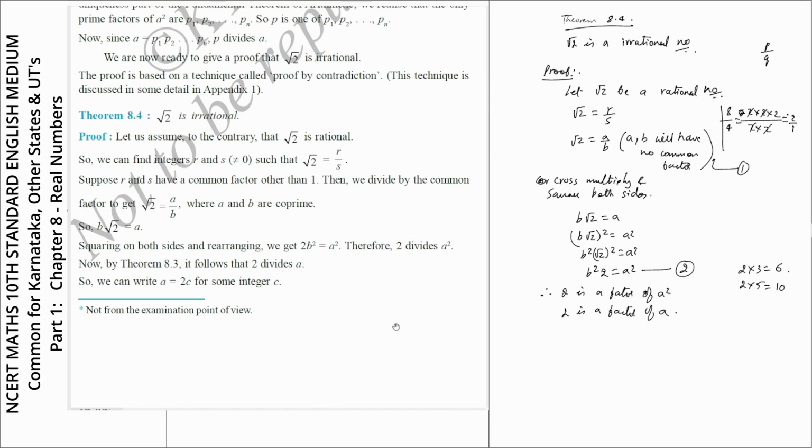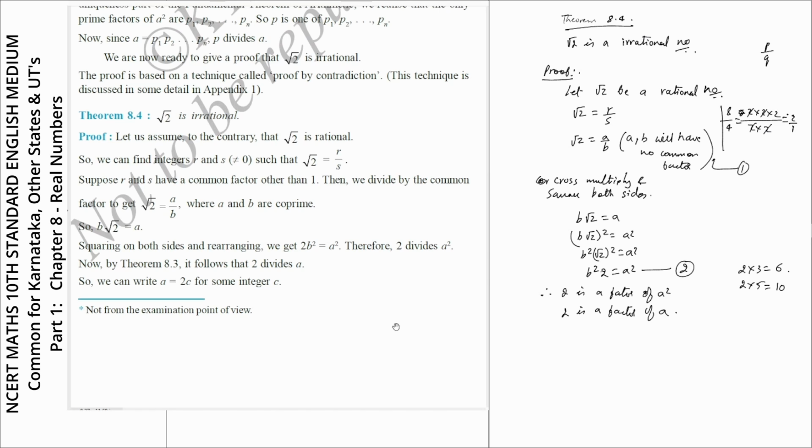But what does equation 1 say? A and b have no common factor. But equation 2 says 2 is a factor of a. Both are contradictory.